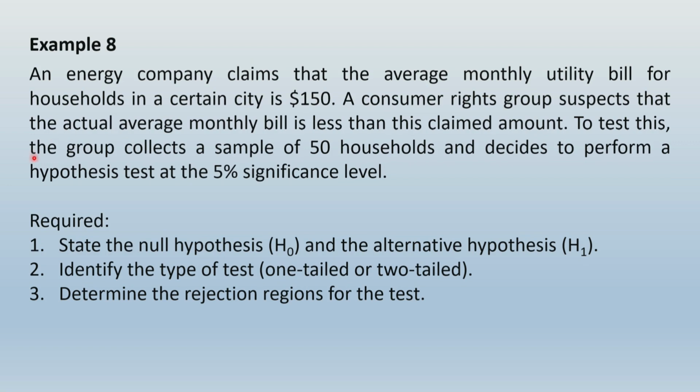To test this, the group collects a sample of 50 households and decides to perform a hypothesis test at 5% significance level. So first thing what you need to do is you have to identify your null and alternate hypothesis, identify the type of test and determine the rejection regions.